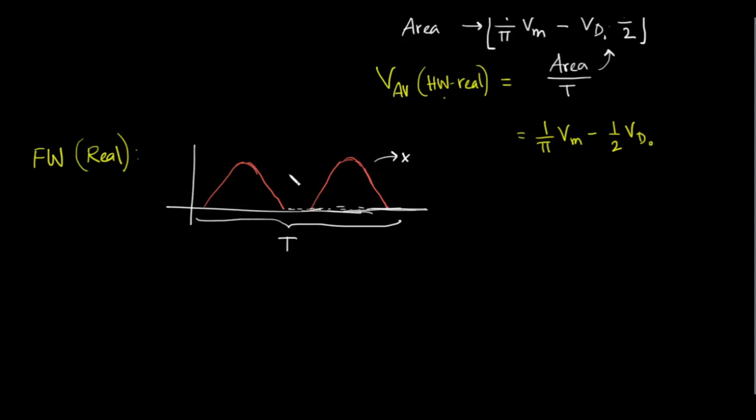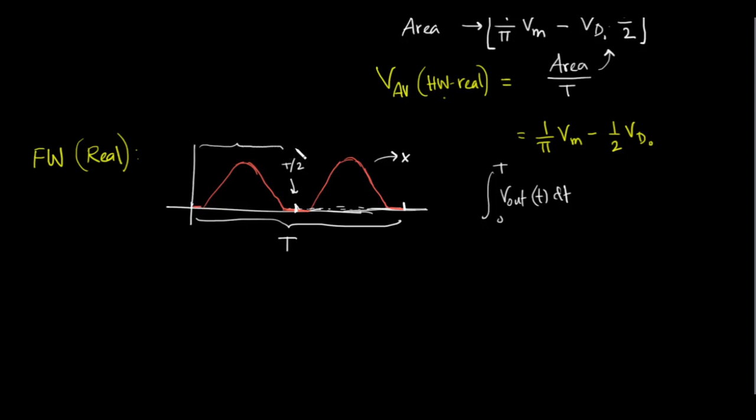So what will be the area for this full time period? Let's write again the expression for the area. The expression for the area will be the integral of Vout(t) dt, from 0 to T. Now you see that the area from 0 to T by 2 is the same as the area from T by 2 to T. These two parts have the same area.